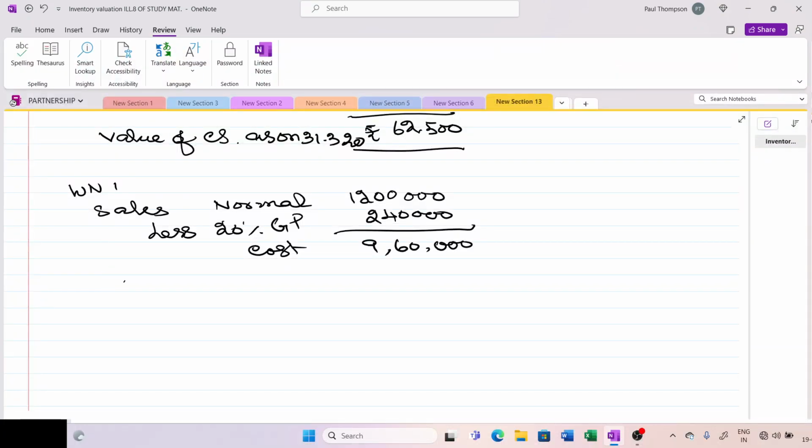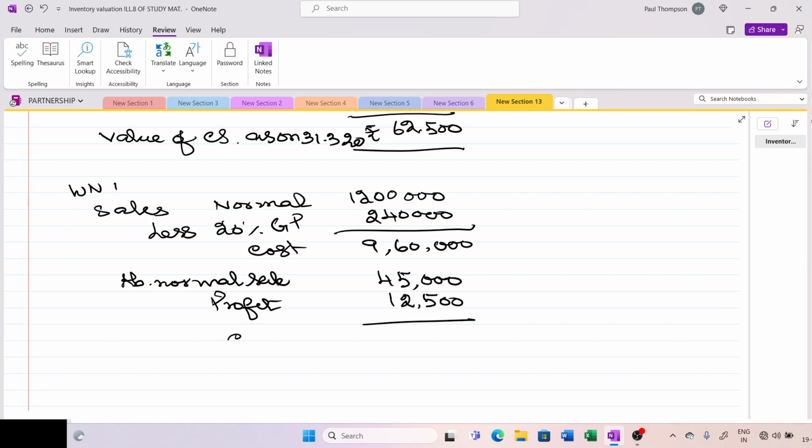This is abnormal sale 45,000. Profit on that is 12,500. So cost is equal to 32,500.